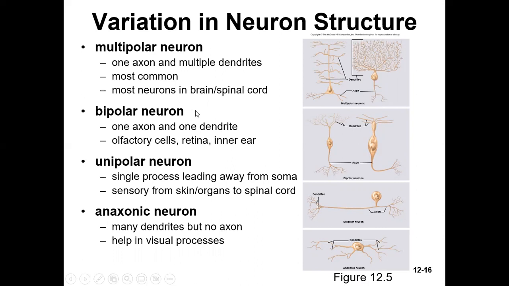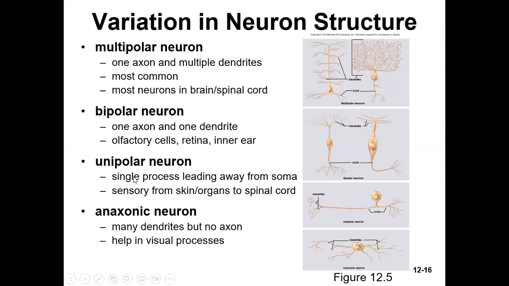A bipolar neuron. This is one axon and one dendrite. We will find bipolar neurons in olfactory cells, in the retina, and in the inner ear. So you're noticing bipolar neurons will be found in areas where we have special senses, where it needs more specificity and fine-tuning.